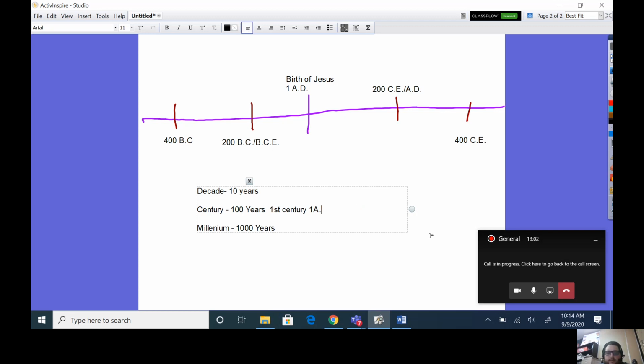Okay. So that would mean that when we're talking about, say, the 19th century, it would have actually happened 1800 to 1899. That would be the 19th century. It is important to know that because we'll talk about a lot of that as we go through the different areas of the world that we're going to discuss this year.